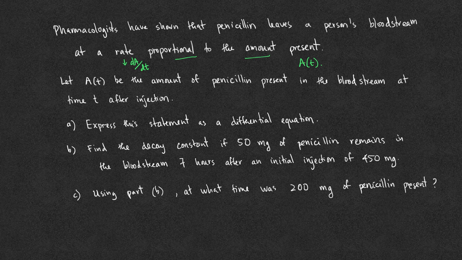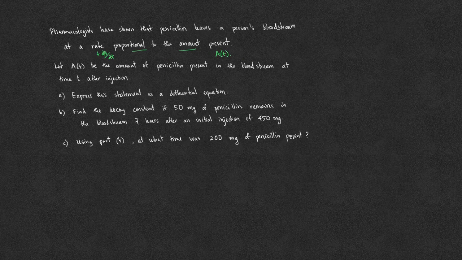So for part A, the differential equation is dA/dt equals kA, where k is the constant of proportionality. We know that this is a differential equation because it involves the derivative of A and A.